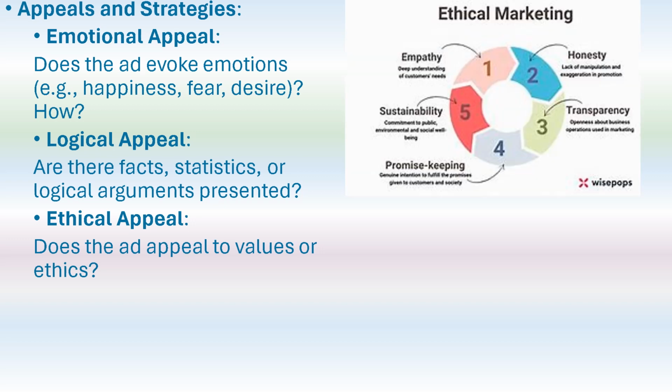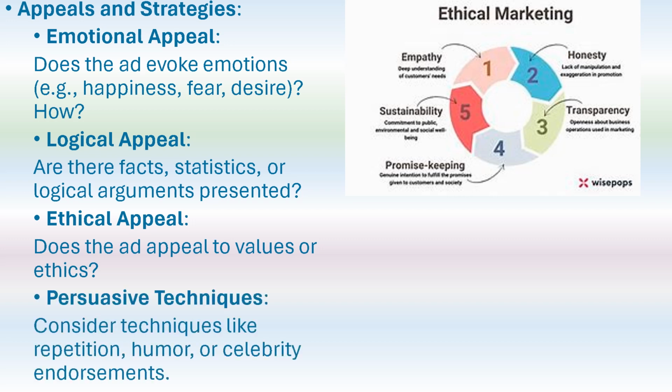And these values and ethics are basically, is it evoking empathy in me, honesty? Is the advert transparent? Are they making any promises? Is it sustainable? So these are ethical marketing strategies that advertisers use when they create an advert.